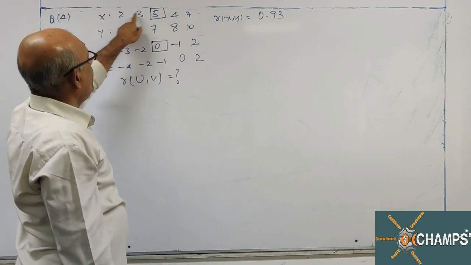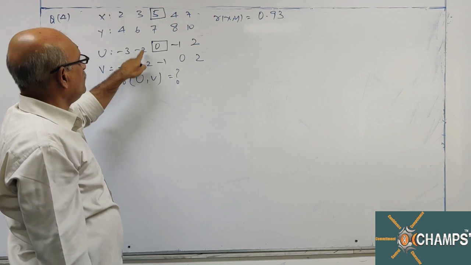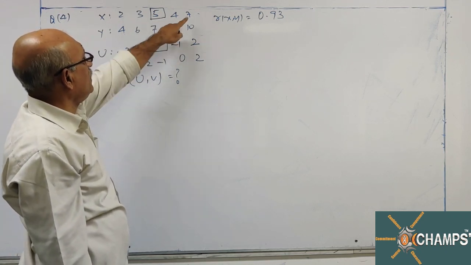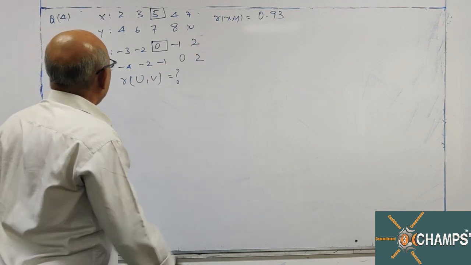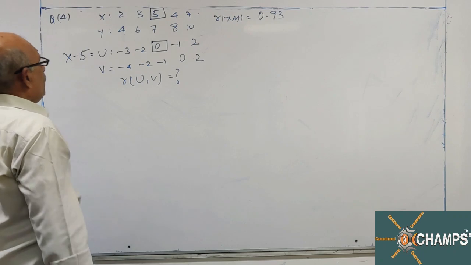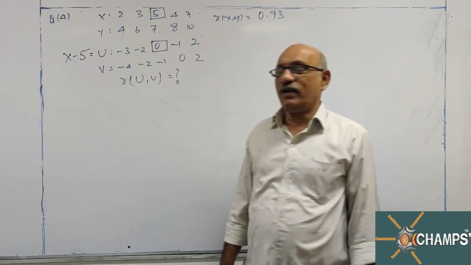Now look at this. 2 minus 5 is -3. 3 minus 5 is -2. 5 minus 5 is 0. 4 minus 5 is -1. 7 minus 5 is 2. So you can write u is equal to x minus 5.